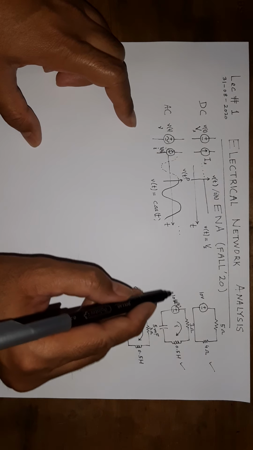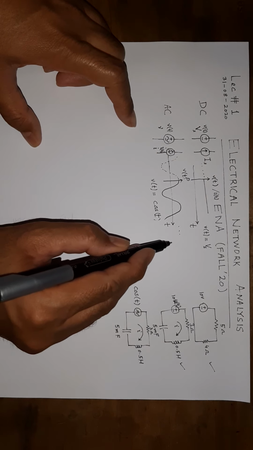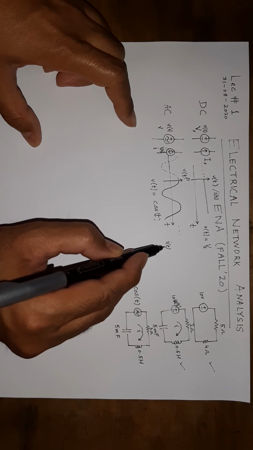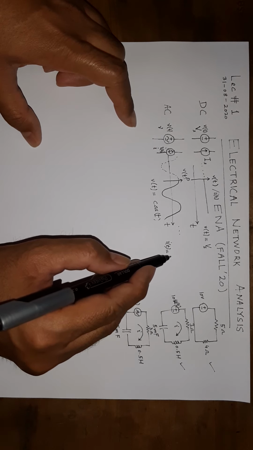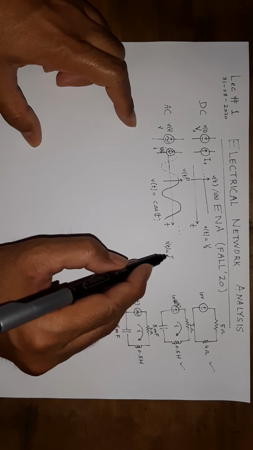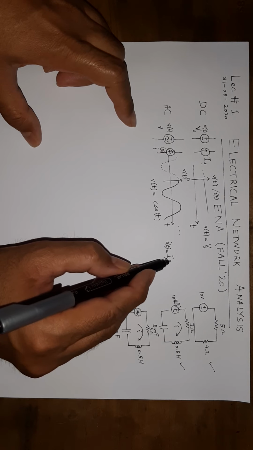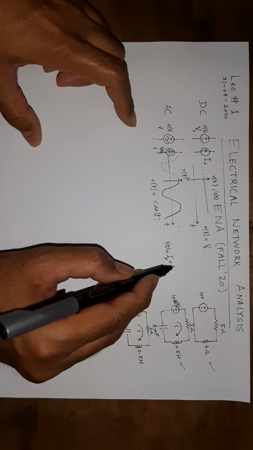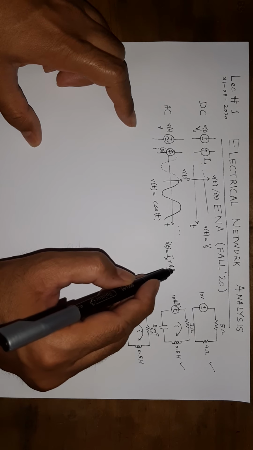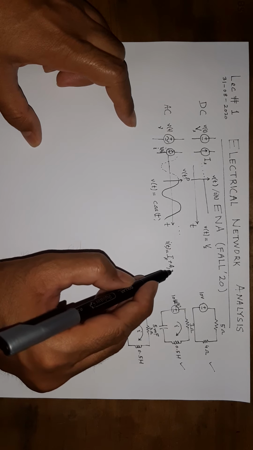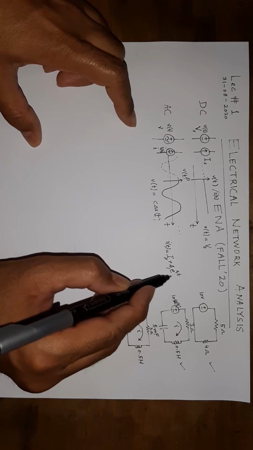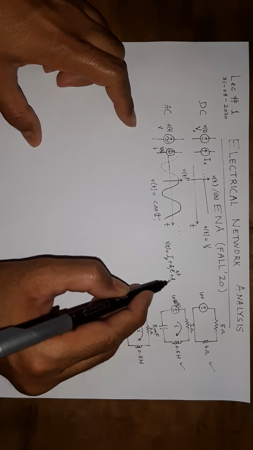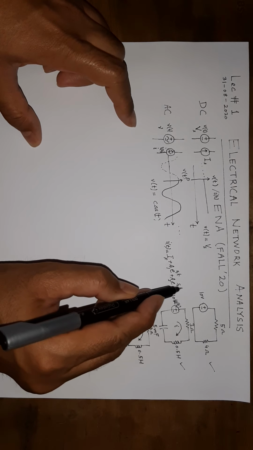So for an overdamped system, this i(t) may come out with something like i(t) is equal to a final value plus the response of this type, A1 e raised to the power s1 t plus A2 e raised to the power s2 t.